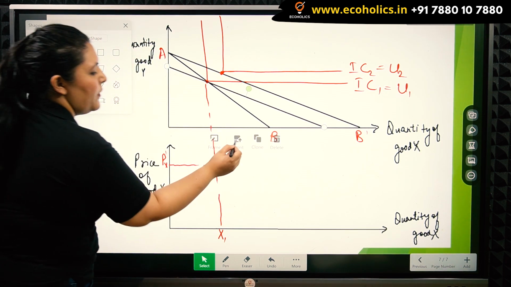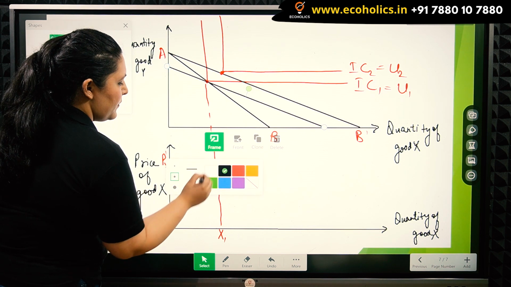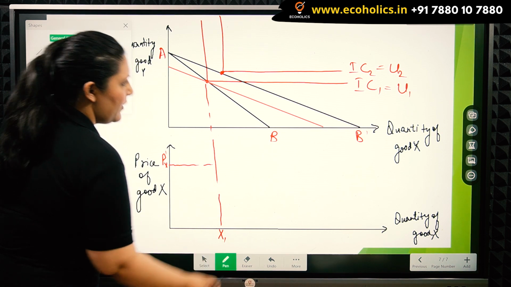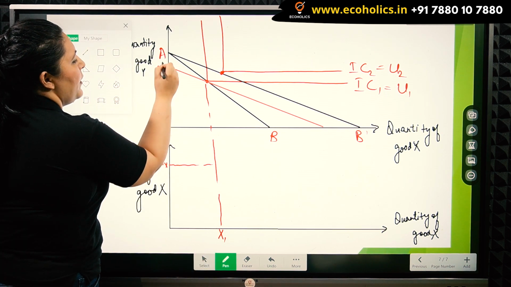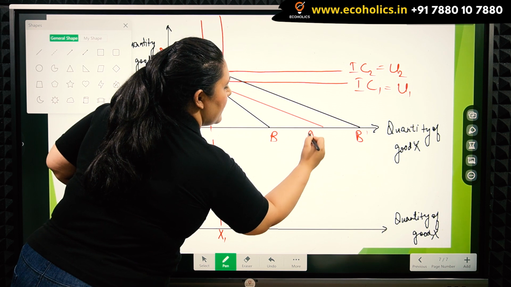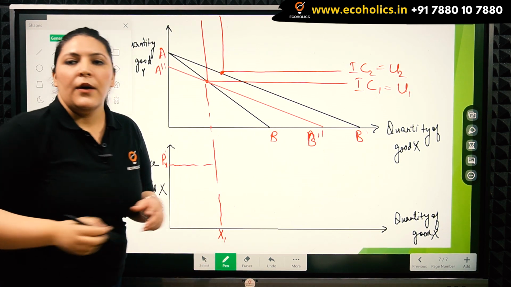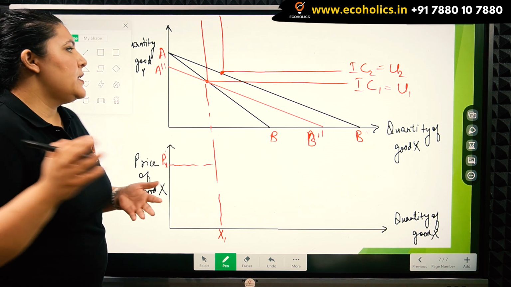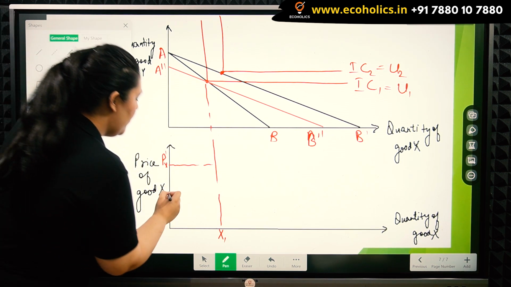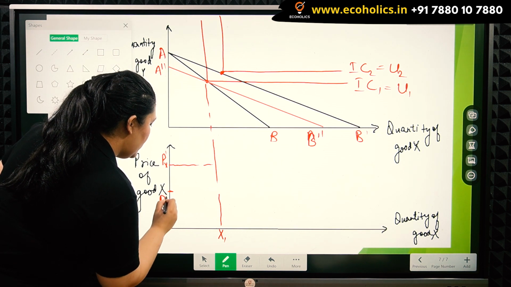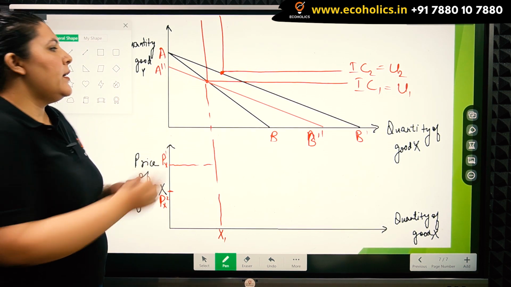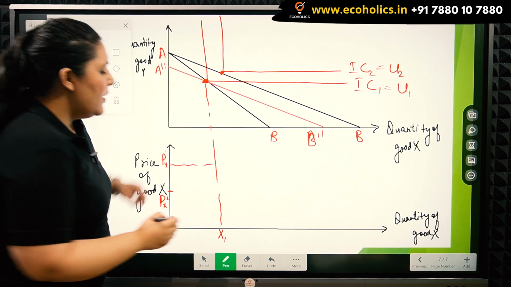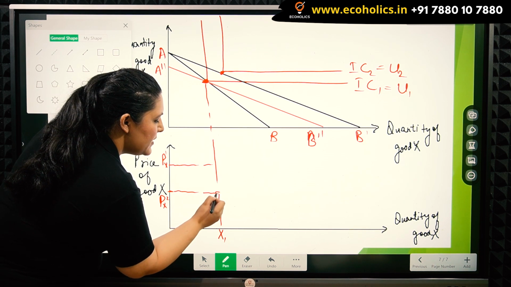So here, we can say that this red line is the new price line where the consumer is compensated for the change in his purchasing power. So at the new price PX2, the consumer is still at the old point of equilibrium and the quantity purchased will be at the same level.